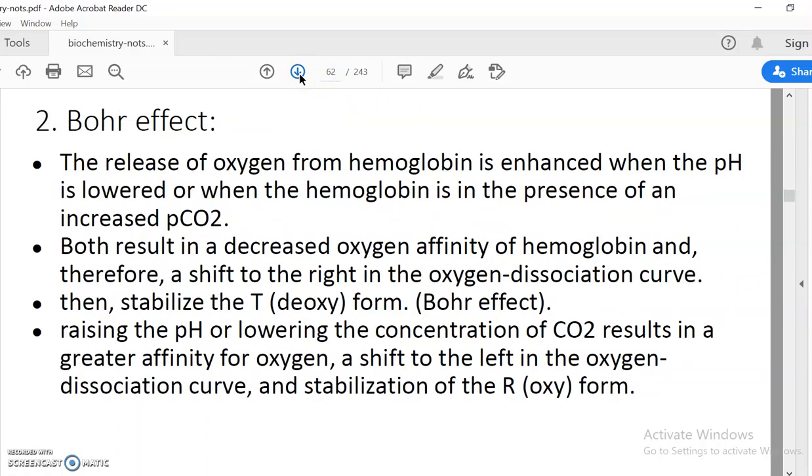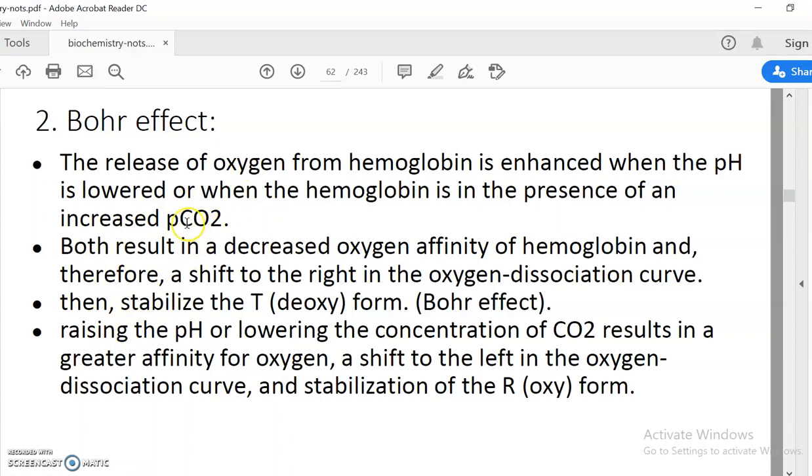Bohr effect. The Bohr effect بشكل عام يوضح لي العلاقة ما بين تأثير ال pH وتأثير concentration of carbon dioxide على الأفينيتي of hemoglobin to oxygen، حيث يلاحظ أنه عند low pH بمعنى high acidity the affinity for oxygen is very low.